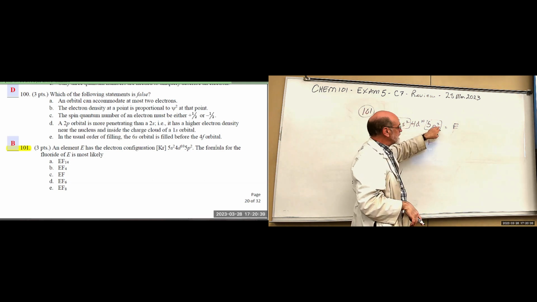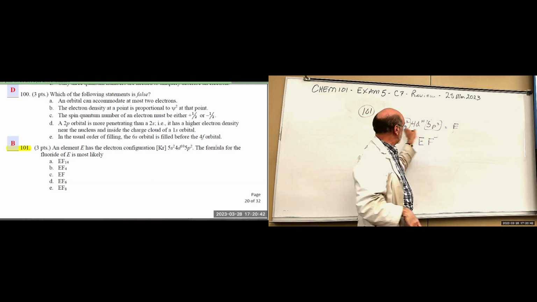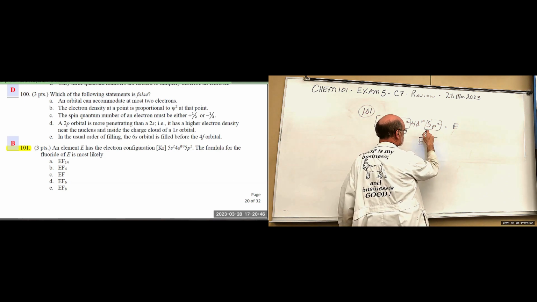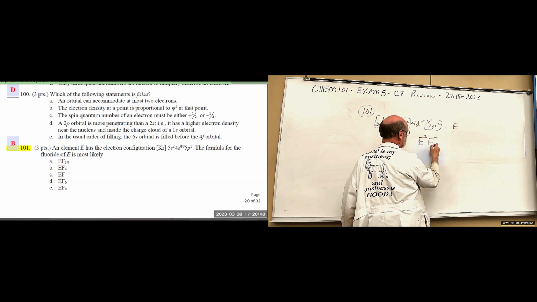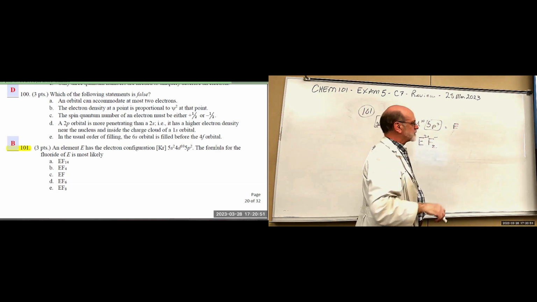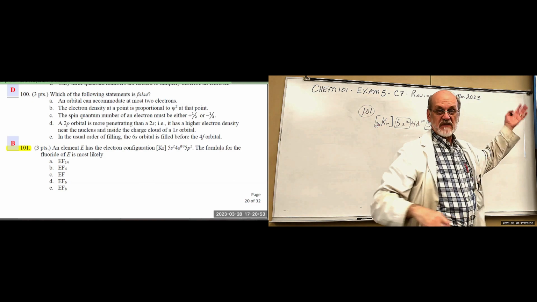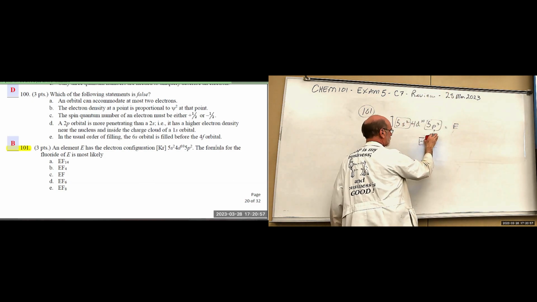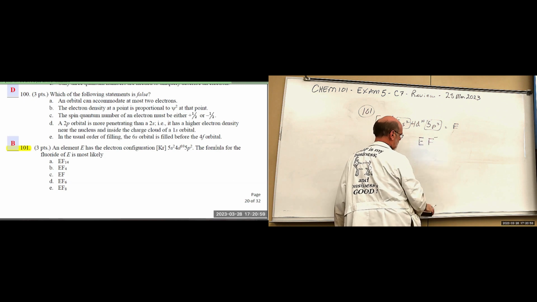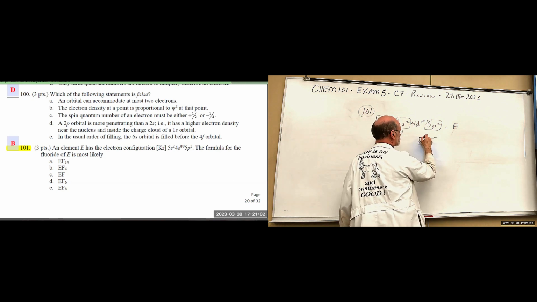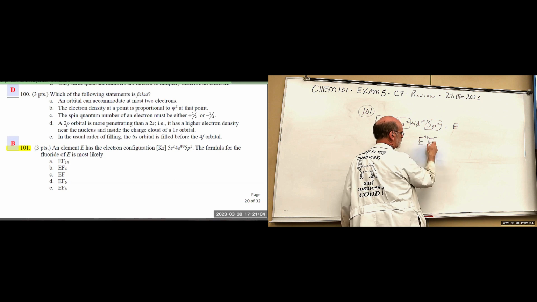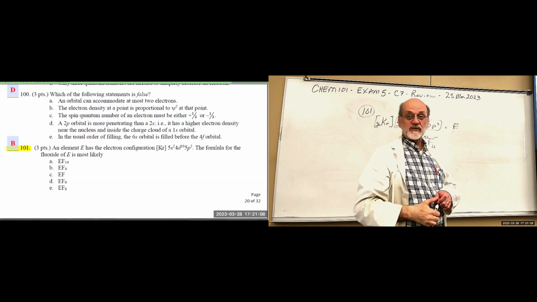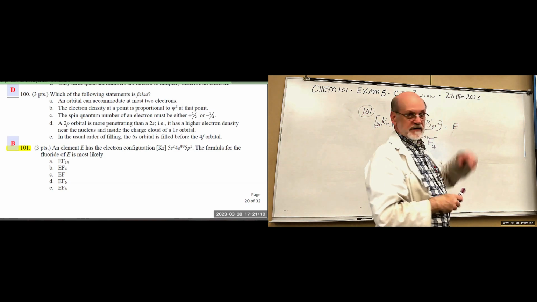It could lose these two, the p's, because they're higher energy than the s's, which would make it 2 plus, which means we need a 2 here. So EF2, do we have an EF2 up there? No. So we go to the next one. We lose 2 more. If we lose 2 more electrons, that means a 4 plus. That means we need 4 of these. So EF4 would be the next possibility. And there it is, B.